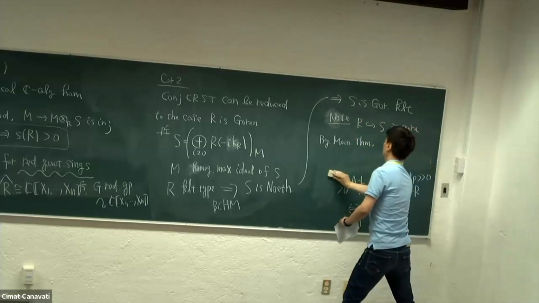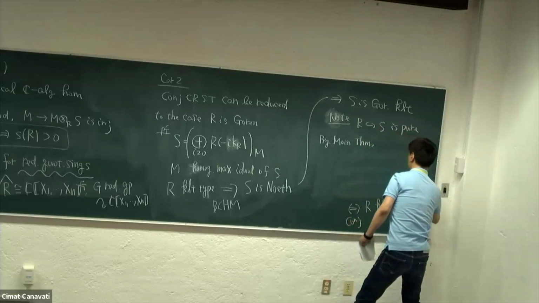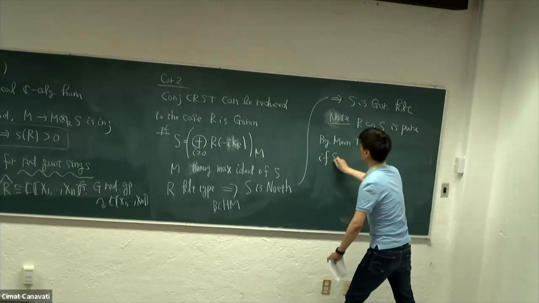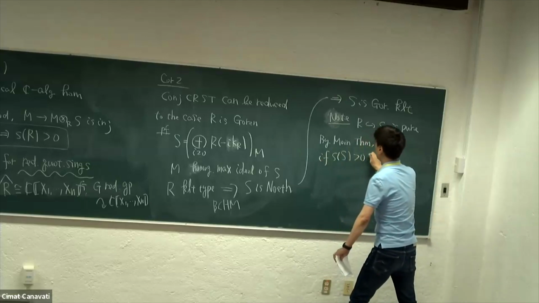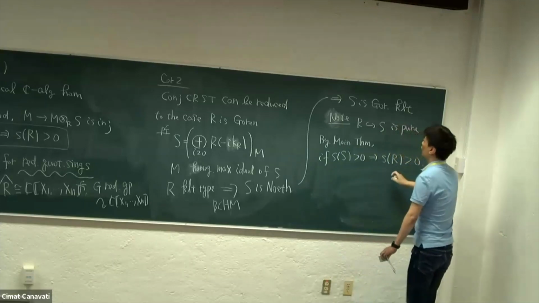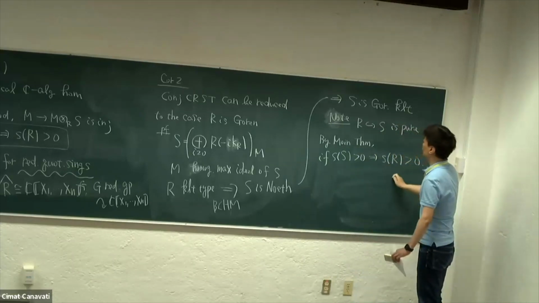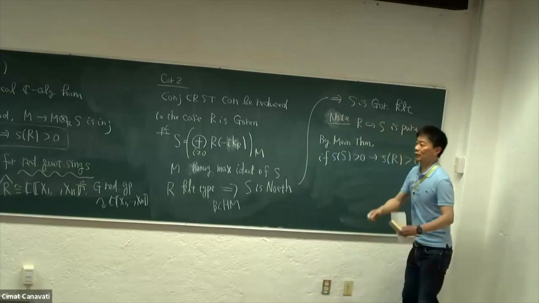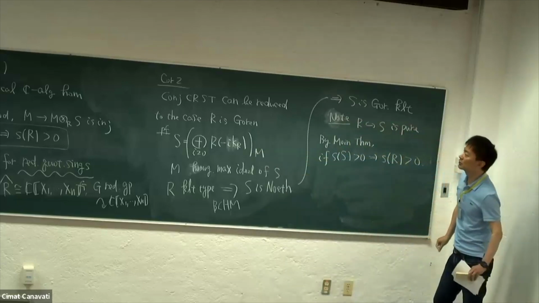By the main theorem, if the F-signature of S is positive, then the F-signature of R is also positive. So it is enough to show the conjecture for this S. That's why we can reduce to the Gorenstein case.